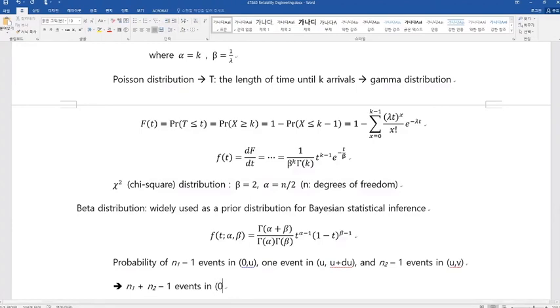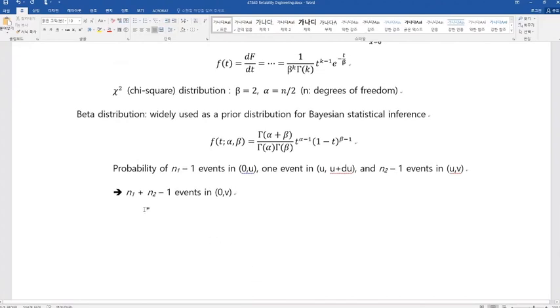So until the time interval 0 to v. In total, we have n1 minus 1 plus n1 plus n2 minus 1 events in this time period from 0 to v. So how can you calculate the probability density function for this?